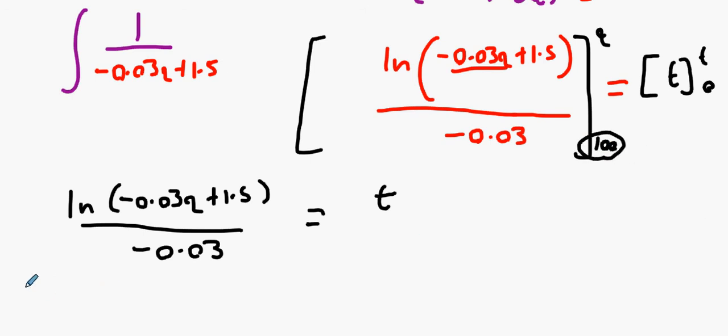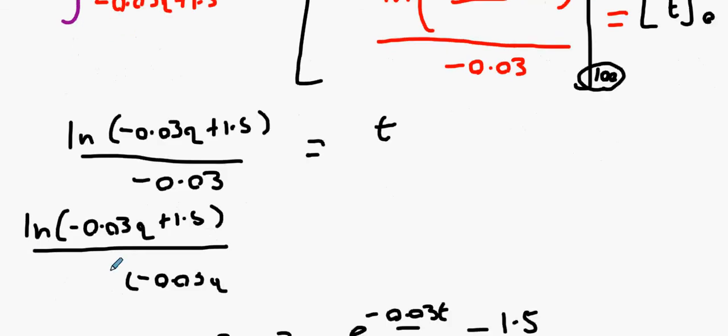So it's ln of minus 0.03q plus 1.5 all over my minus 0.03.